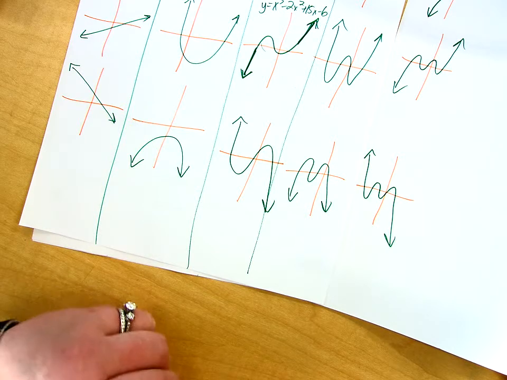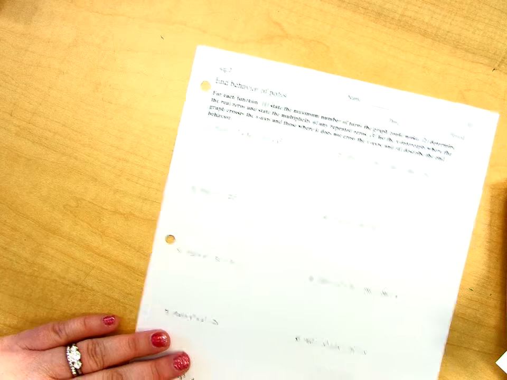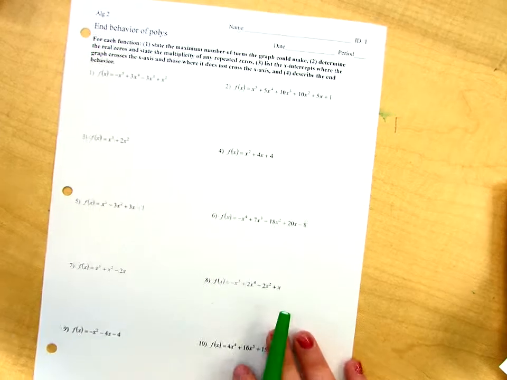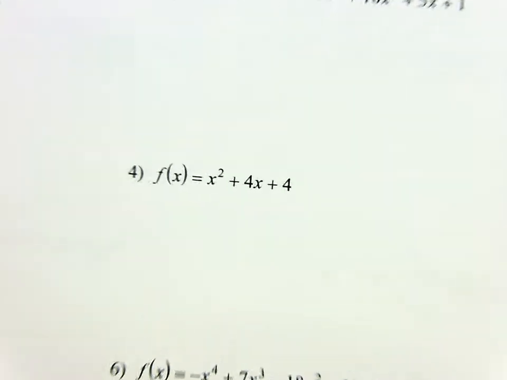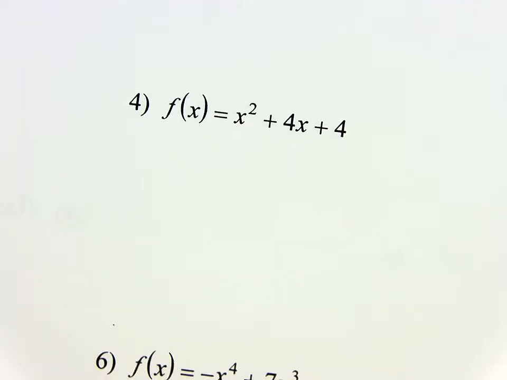Okay, so here's what we need to do. If we look at the sheet that I just gave you, let's start with an easy one, like, let's start with 4. 4 is a nice, easy problem. We actually just talked about, if you read the directions, there's 4 things that we need to find.